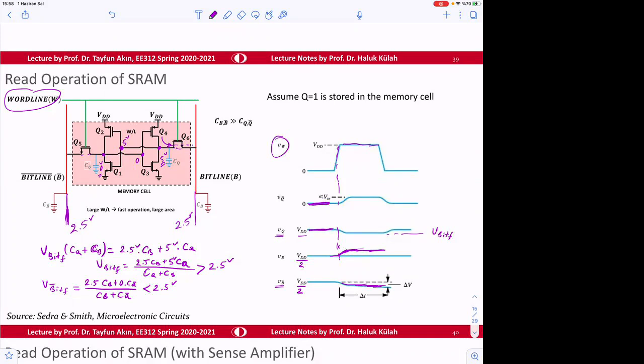So this is active already. This is on. This is off. So this will try to increase the voltage of this node, while it's still on, maybe to VDD.